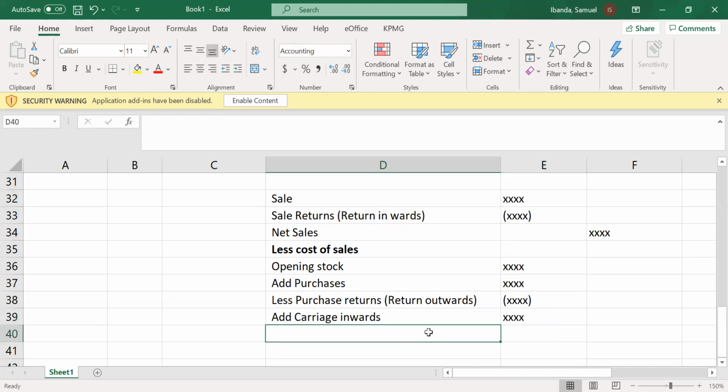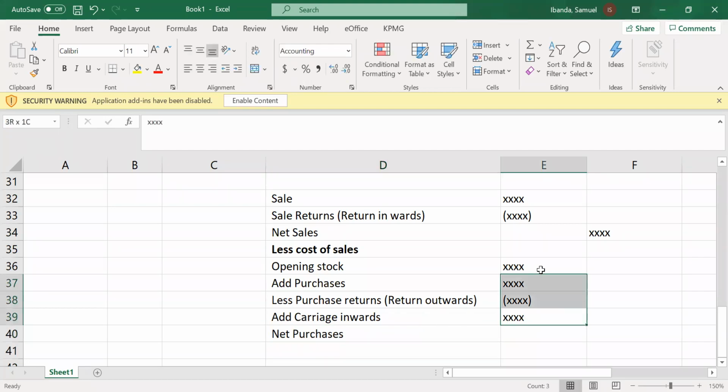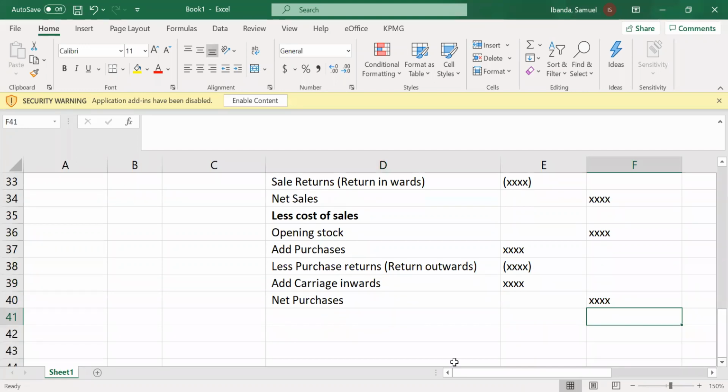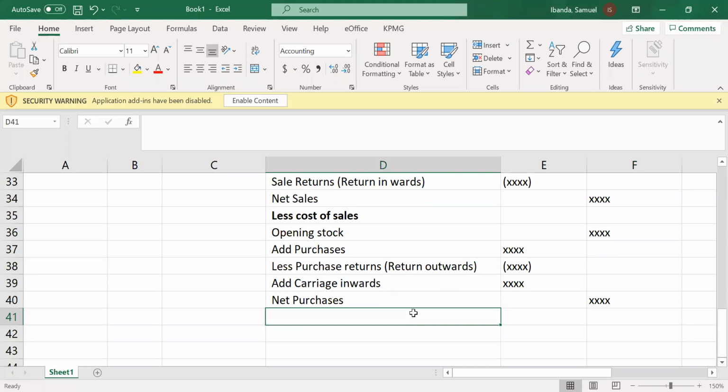And then after you've had this, you can get your net purchases, which is basically you add these figures together, okay? Maybe this can be here, not to confuse you. So you can get your net purchases, which can actually be here, and then after you have your net purchases, you now have less closing stock.